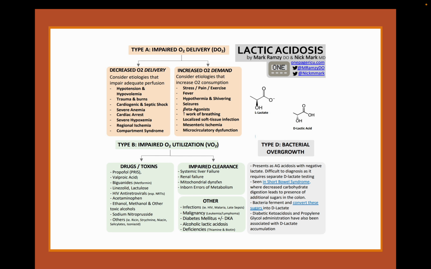So, for example, a patient who had gastric bypass or colon resection surgery, or a patient with short bowel syndrome, or a pancreatitis patient where carbohydrate is not digested properly, will have D-lactic acidosis. In them the bacteria convert whatever carbohydrate is there into D-lactate. D-lactate is not detected in the normal routine blood test, but the patient will have acidosis.